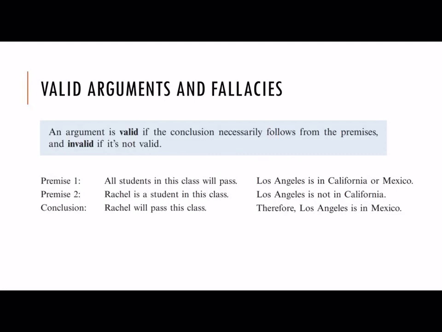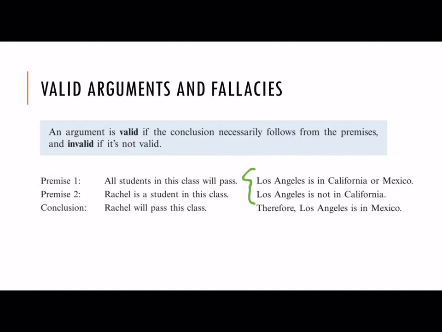Our first two premises: Los Angeles is in California or Mexico. Well, that's true. Los Angeles is not in California, and we're accepting that as a premise. We know it's not true, but if you do believe those two things, if you buy those premises, then can we conclude that Los Angeles is in Mexico? Well, if we believe the first statement, we know that it has to be either in California or Mexico, one of those two places.